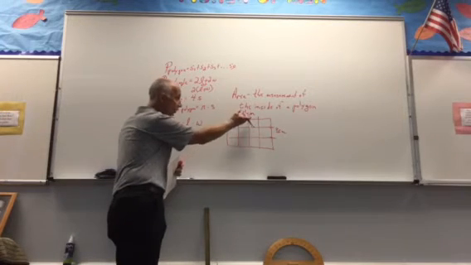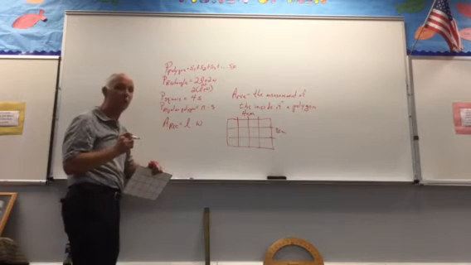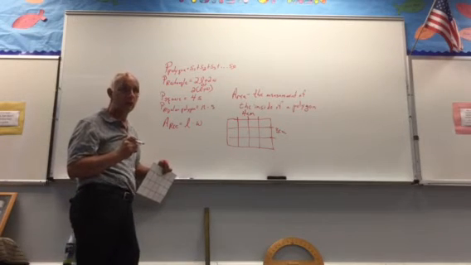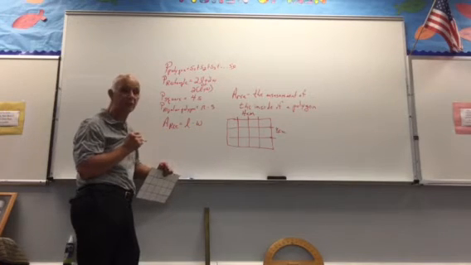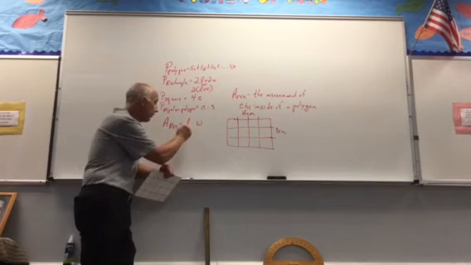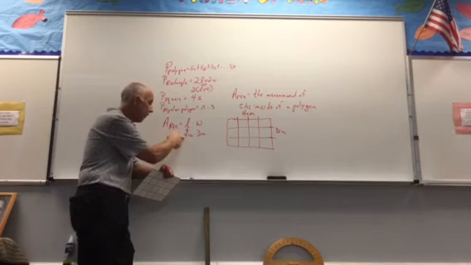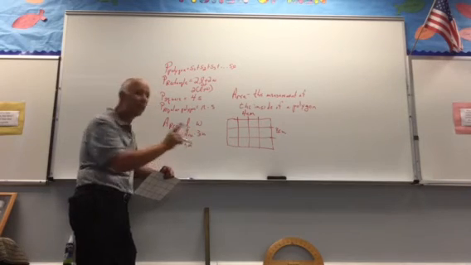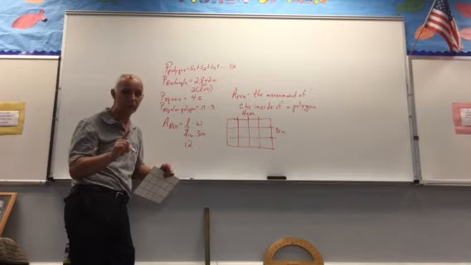So if I had this rectangle that was 4 centimeters long and 3 centimeters wide, remember I want you to use the formula. So what you would have to do is first write the formula, area of a rectangle equals length times width, replace the length with 4 centimeters, replace the width with 3 centimeters, and then multiply 4 times 3 is 12. But be careful, because it's not 12 centimeters.